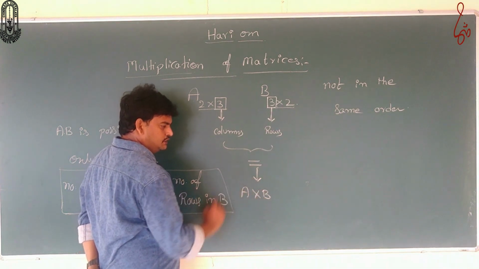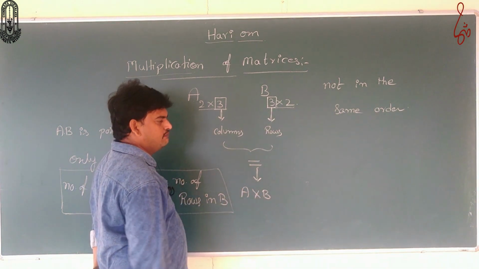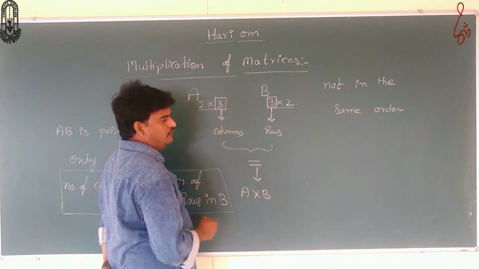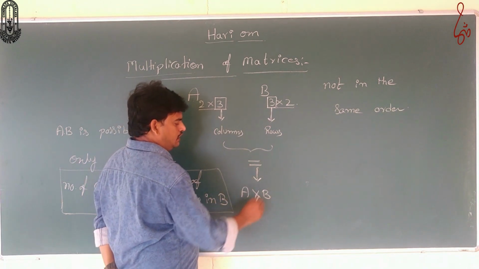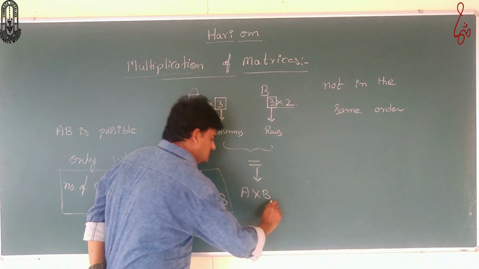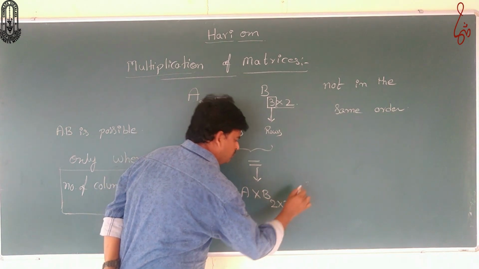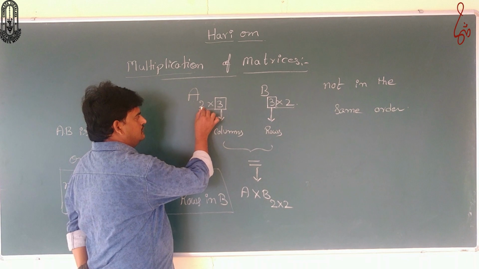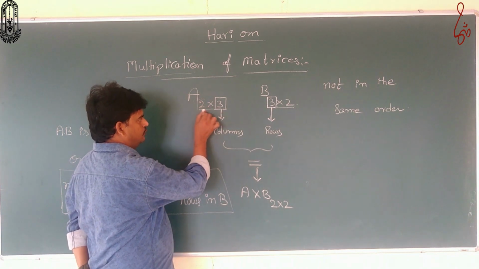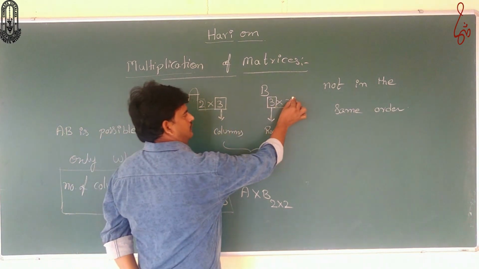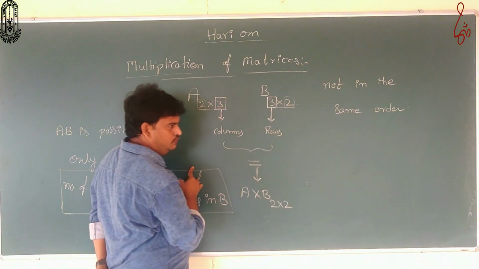Definitely by multiplying these two matrices also we have a matrix. What is the order of the matrix? So the order of the resultant matrix is 2 by 2, because here I have number of rows 2, here I have number of columns 2.